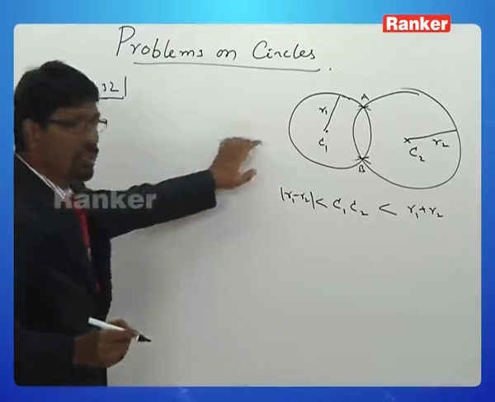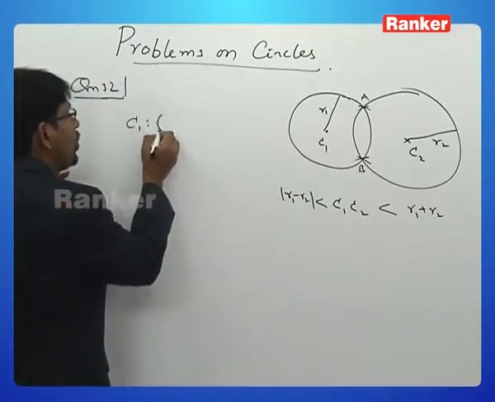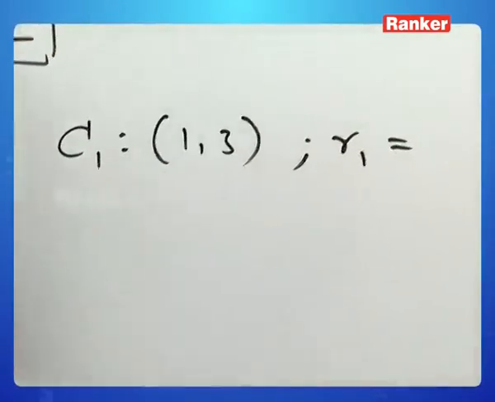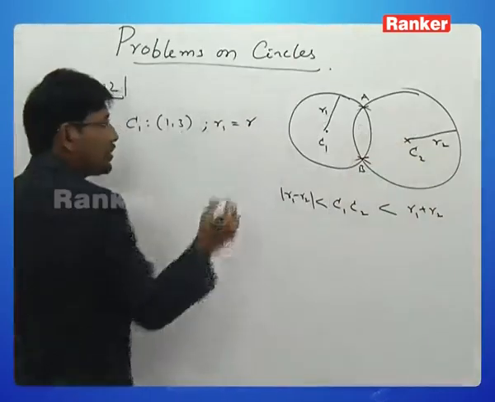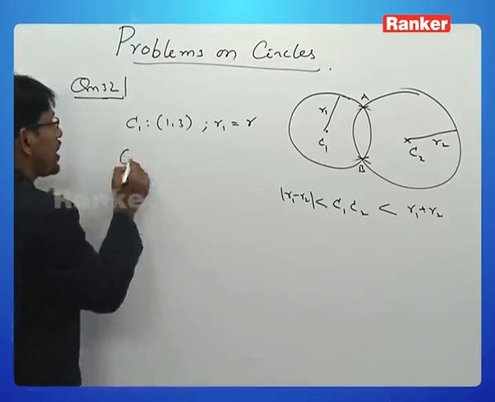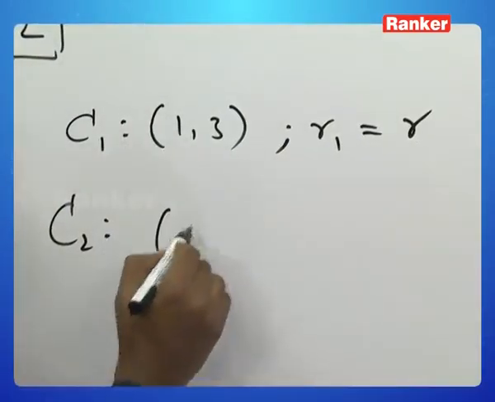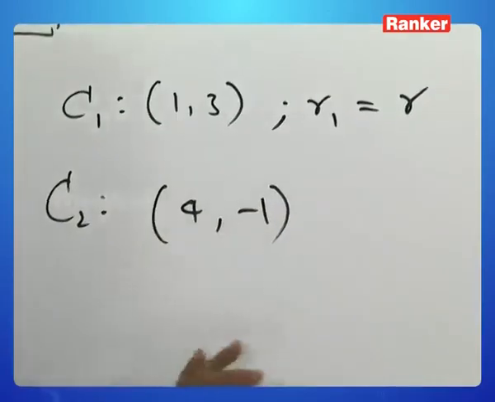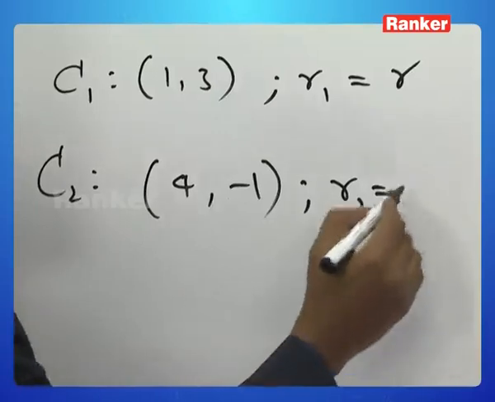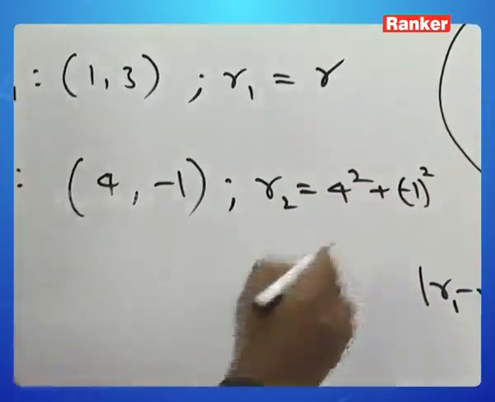What are we given here? We are given that the center of the first circle is 1, 3. And the radius R1 for that is R. And the center of the second circle in the given problem is 4, -1. And the radius is R2, that is the square root of 4 square plus -1 square minus 8.